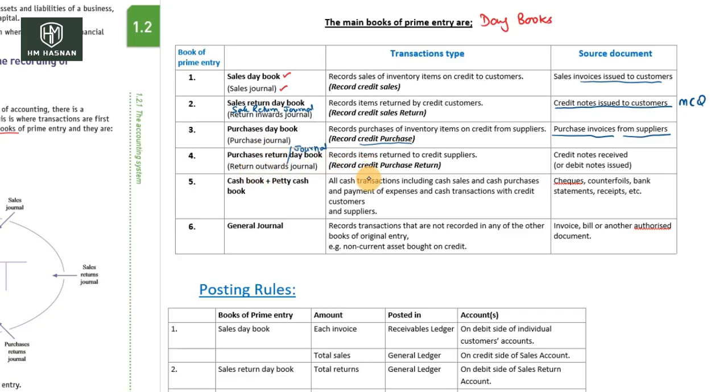What type of transaction will we record? In this purchase return day book, we will record credit purchase returns. So sale return and purchase return are also related to credit transactions. All credit transactions we will record in these 4 books of account.